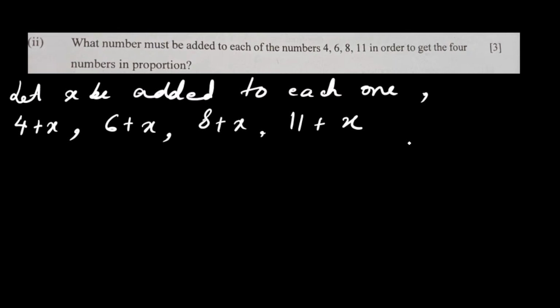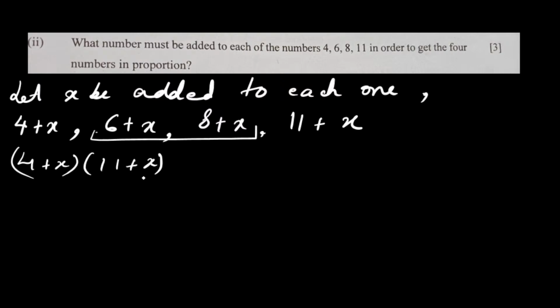If four numbers are in proportion, then the product of means equals the product of extremes, so AD equals BC. These are the means, the outer ones are extremes. So (4 plus x) into (11 plus x) is equal to (6 plus x) into (8 plus x).